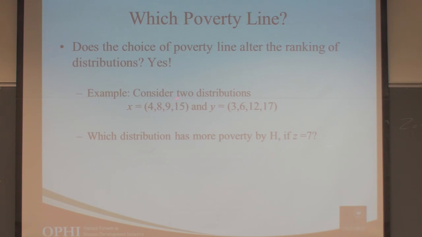That means which distribution has a higher headcount ratio? Headcount ratio? Yeah. Exactly, right. Now, when you change Z to 10, which distribution has the higher headcount ratio? So your conclusion changed as you change your poverty line.